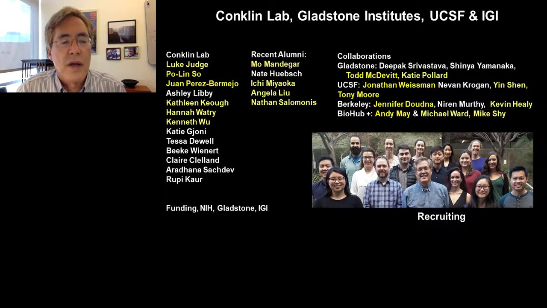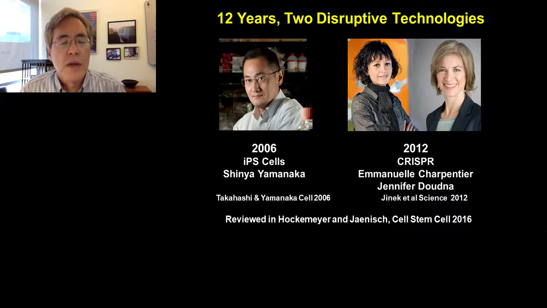I think my lab actually works between combining two disruptive technologies, and remarkably, they're just bookmarked by two different papers, as indicated here. One in 2006, 12 years ago, and then in 2012, the invention of CRISPR.